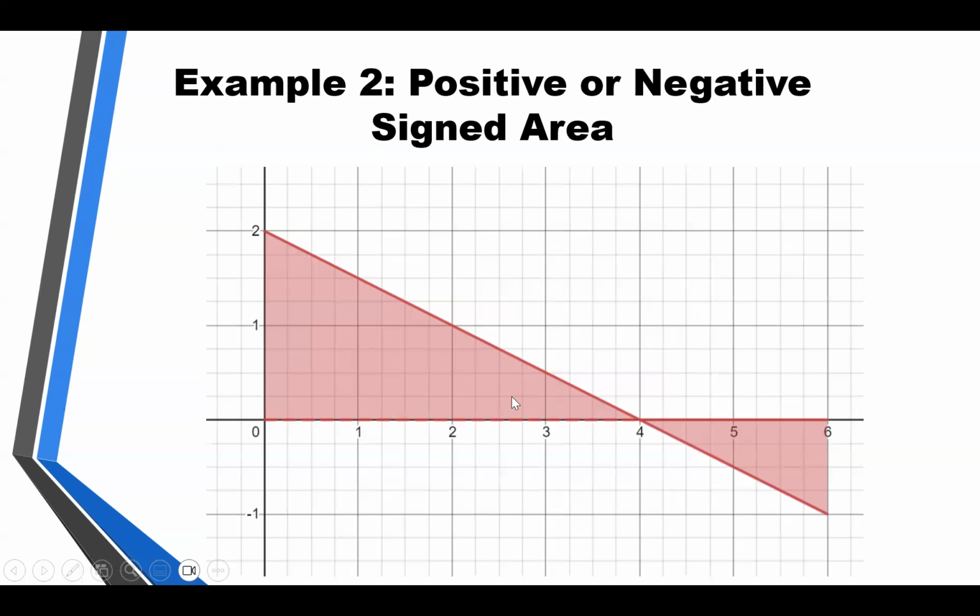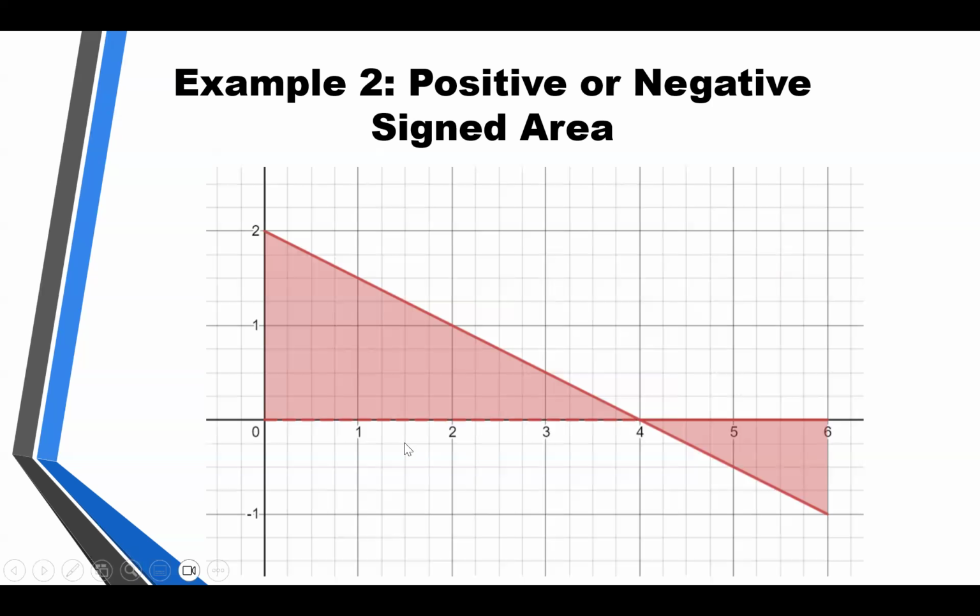So if I look at this signed area, it will be positive. And if I wanted to calculate it, I could. I could say, well, this is a triangle whose base is 4 and height is 2.